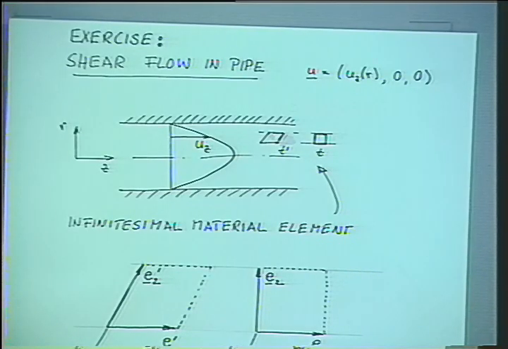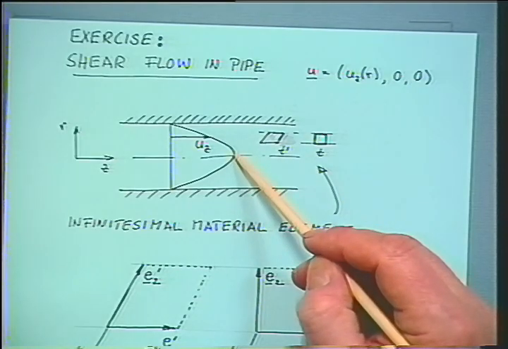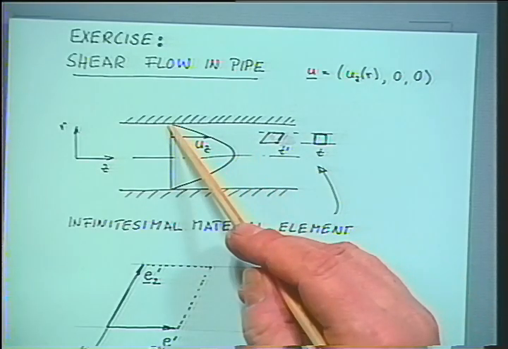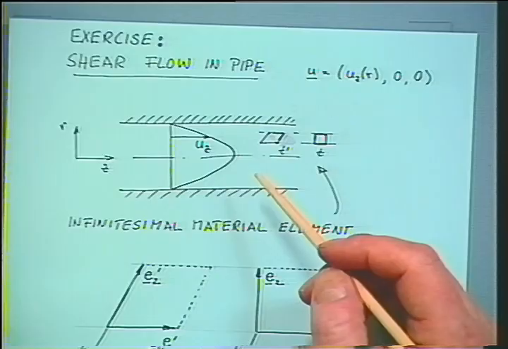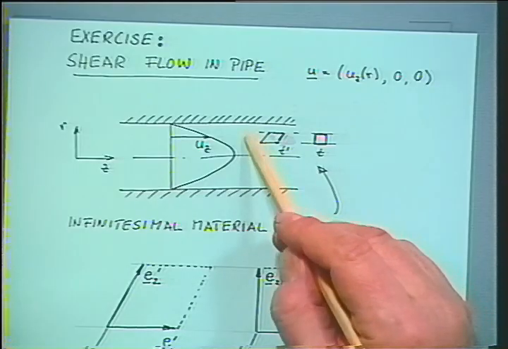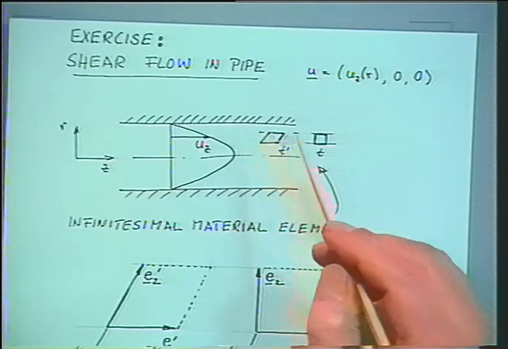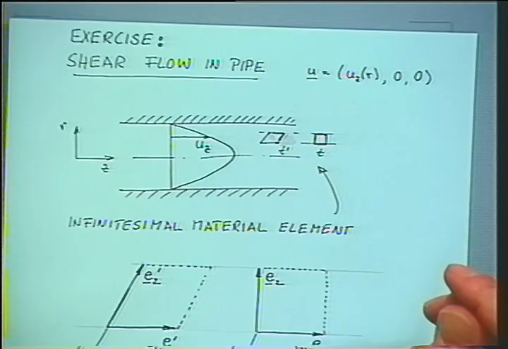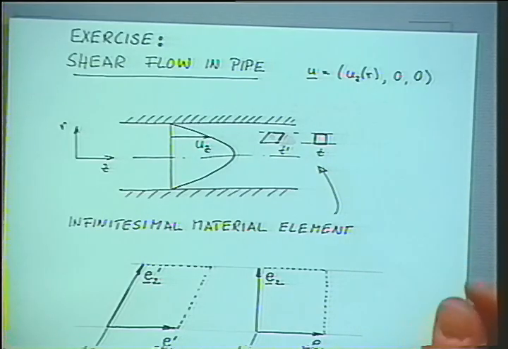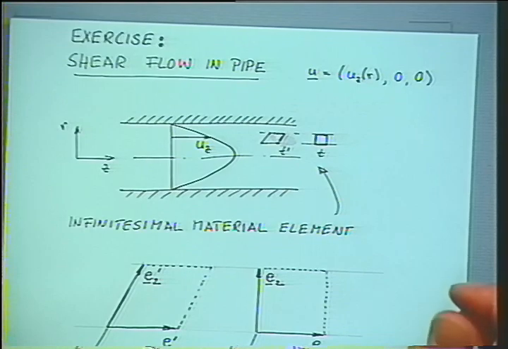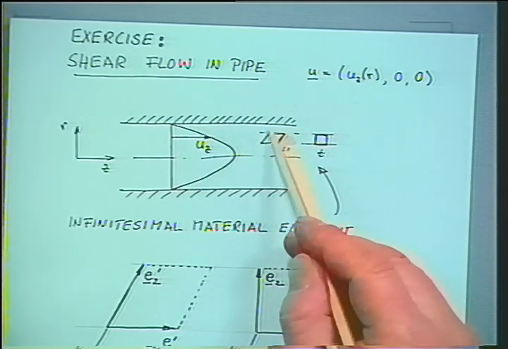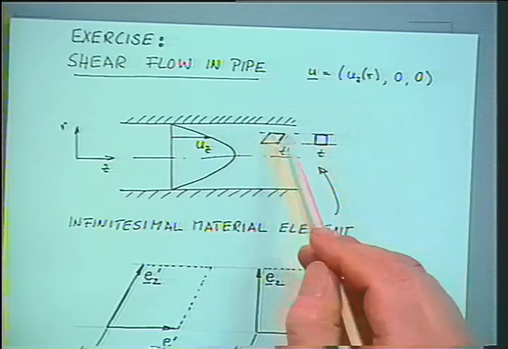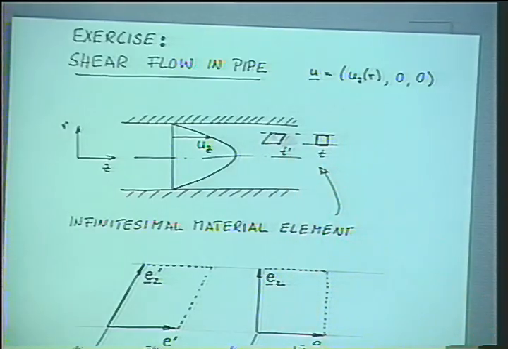Now, this velocity gradient is 0 at the center of the pipe, and it's maximum at the wall in its magnitude. The flow is an inhomogeneous flow. A line which you would draw across here would be curved very soon. So only an infinitesimal line can be described as a straight line at different times. And that's what I mean here when drawing those two states of our infinitesimal material element.